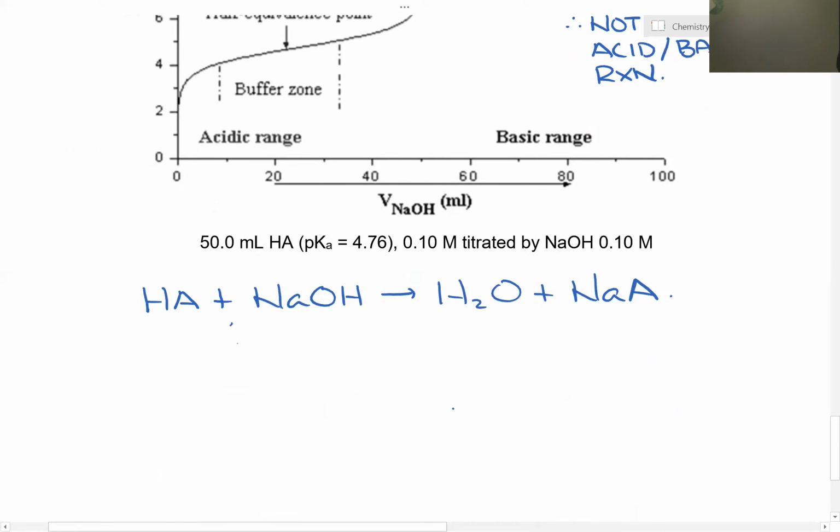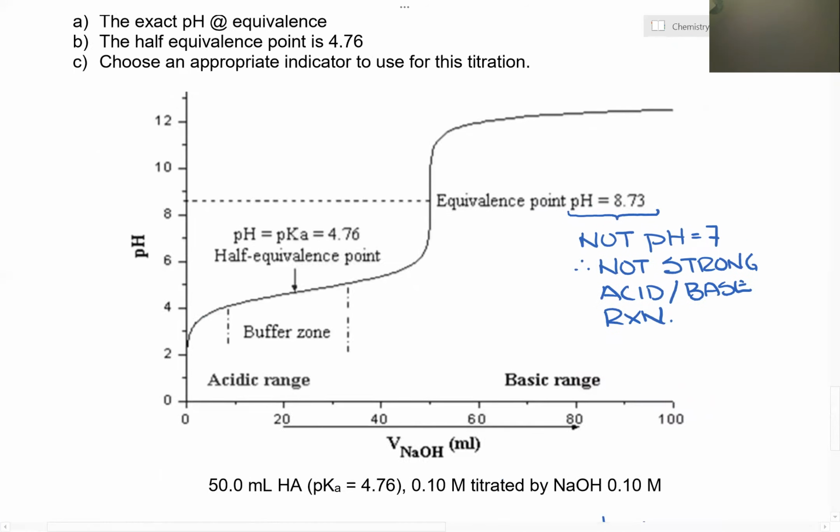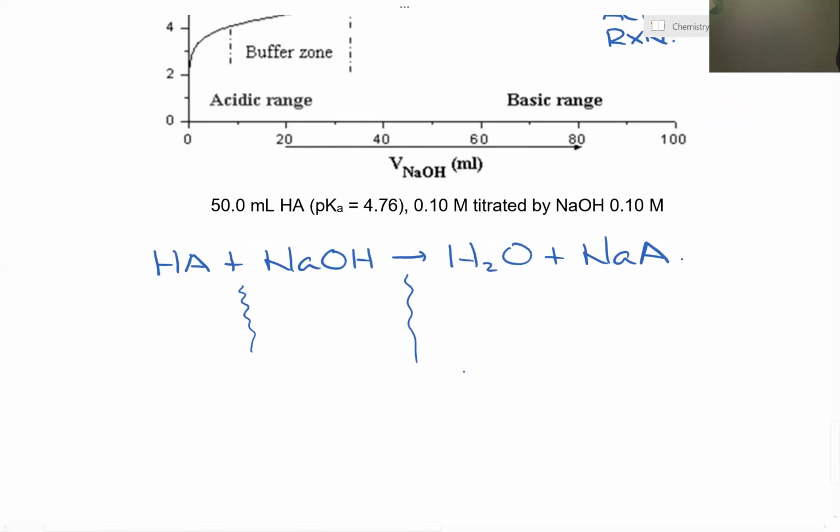Now, if we find the information for our weak acid, it is 0.10 molarity, and we have 50 mL.